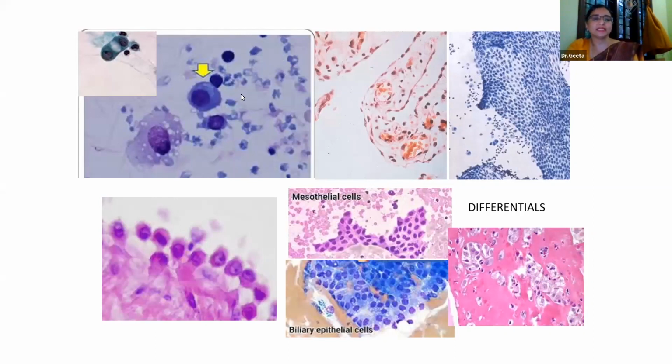So we see the cells in various media, in various tissues, in various biopsies, in various specimens. As depicted in this picture, the same cell is occupying various tissues, varying in appearance, but we know that they are all normal benign mesothelial cells.